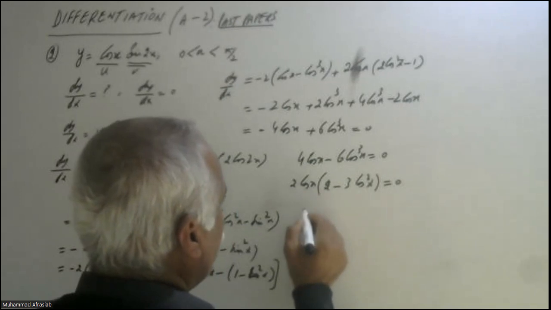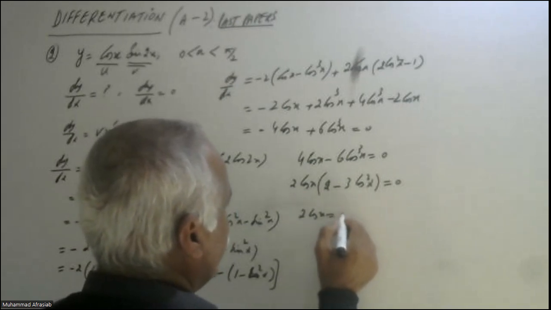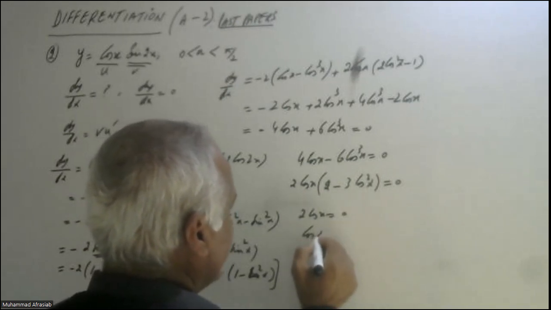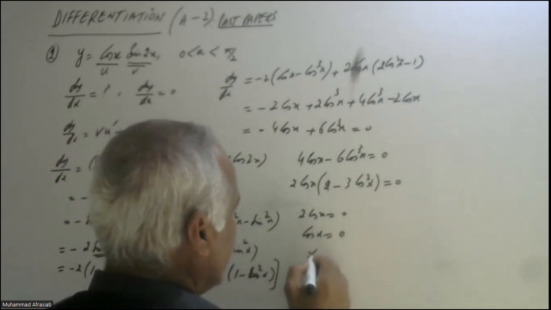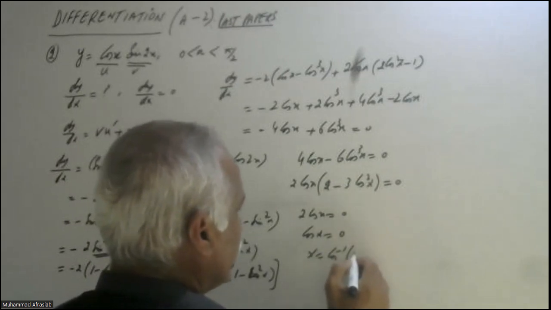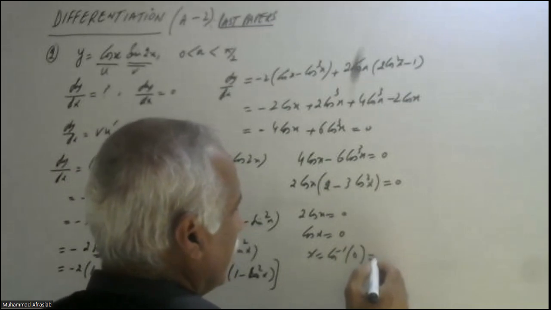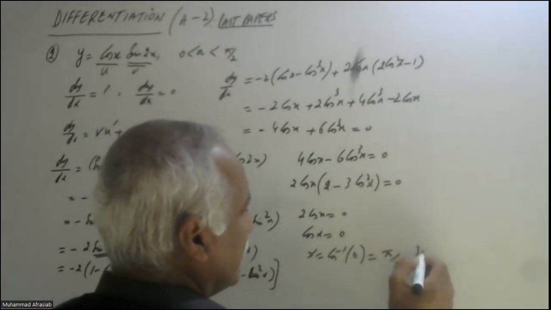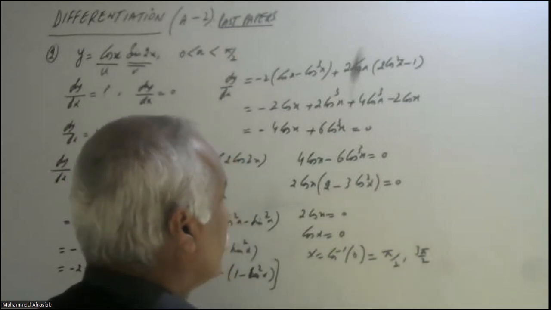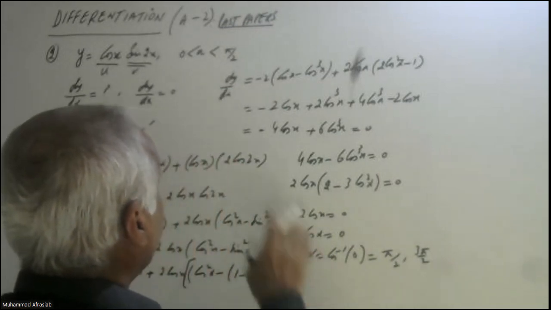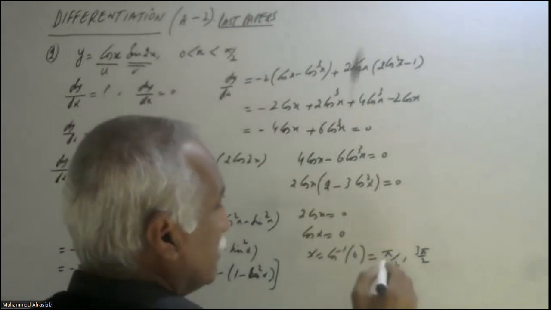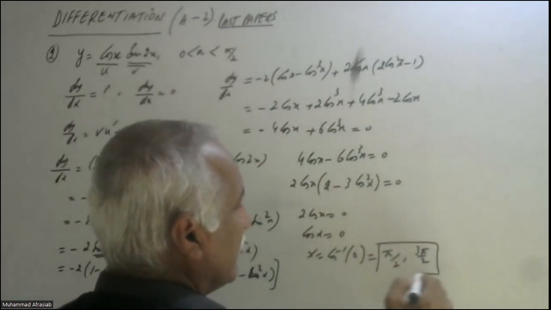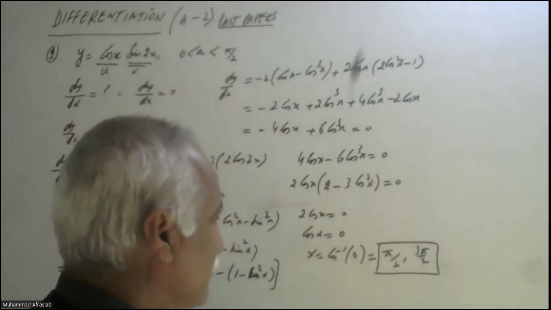So either 2 cos of x is equal to 0, then cos of x is equal to 0, then x is equal to cos inverse of 0, which is pi by 2 and 3 pi by 2. But they are not in the range of 0 to pi by 2, so these two values will be eliminated.